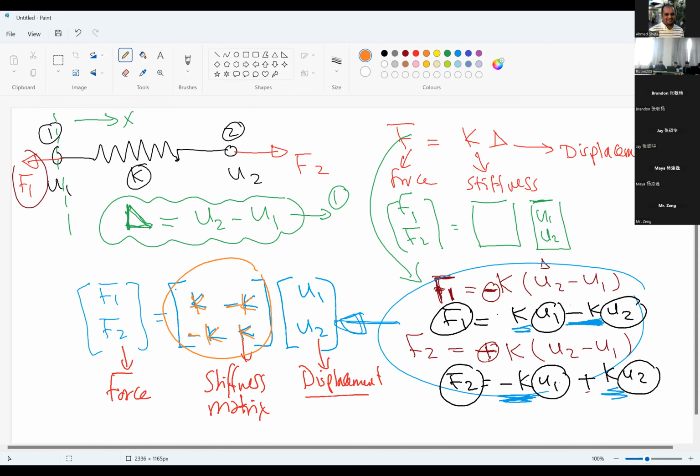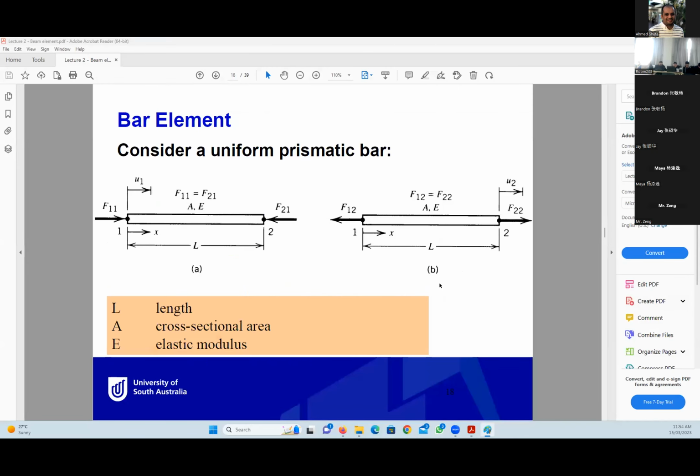What you need to know is that the stiffness matrix of a spring will be something like that: K, minus K, minus K, K, where K is the value of the resistance of the spring. Now we return back to our slides. The second element we need to know is the bar element.